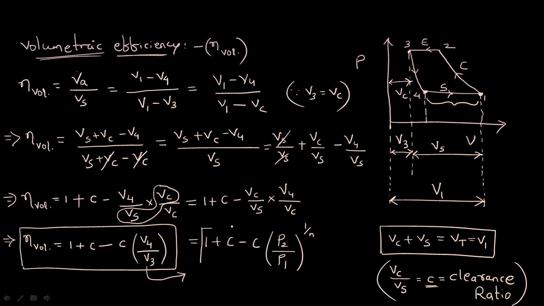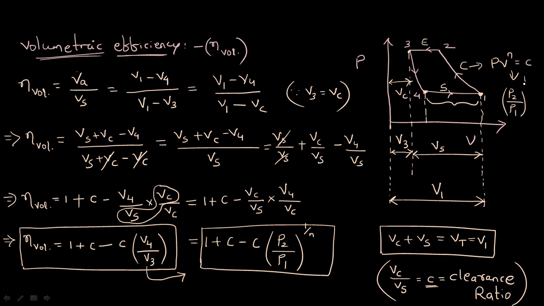Like this one term you will get. So how to convert this volume into pressure? Because we know for a compression process, PV to the power n equal to constant. So from here, we can have a relationship between pressure and volume, that is, P2 by P1 whole to the power 1 by n is equal to V1 by V2.